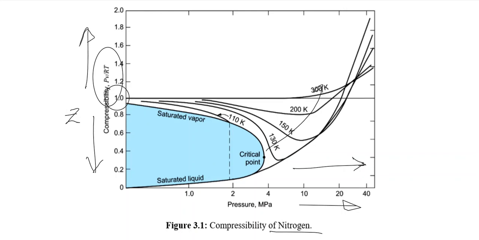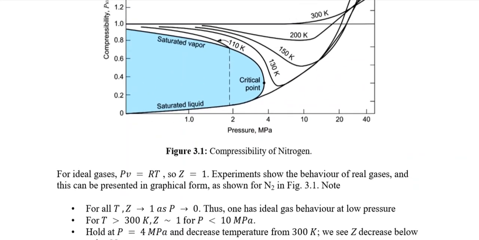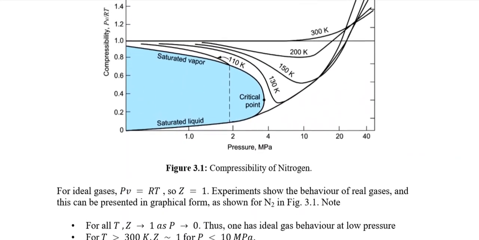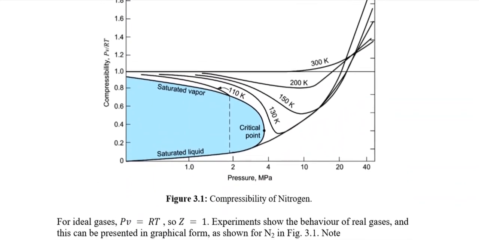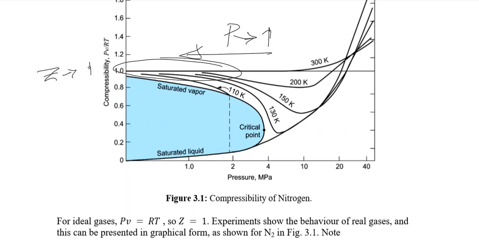So let's have a look at some of the conditions. Let's say we are approaching zero pressure. For all the temperature lines, if you can check these lines as well, if my pressure P is approaching towards zero, then my Z is approaching towards 1 as well.